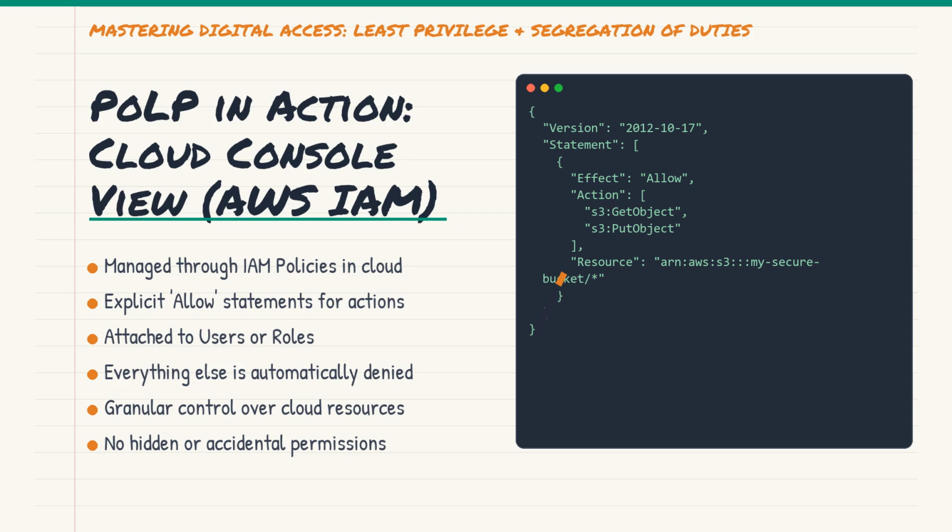This policy then gets attached to an IAM role or user, granting those precise permissions. It's all about explicit allow statements for specific actions on specific resources, and everything else is implicitly denied. This granular control is what PoLP is all about, making sure there are no accidental backdoor keys lying around.